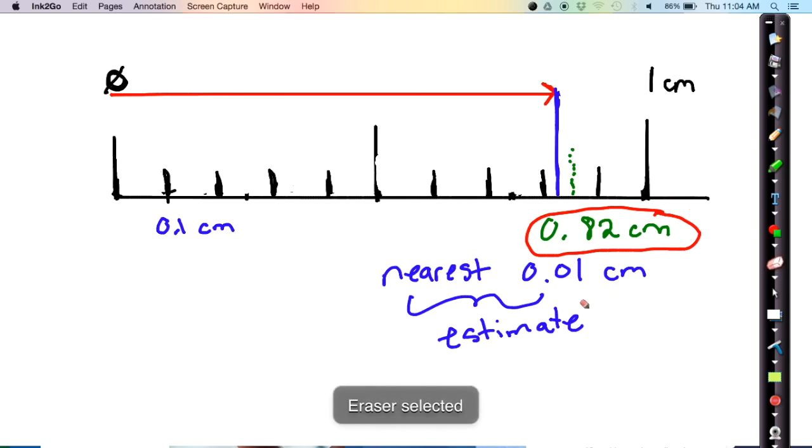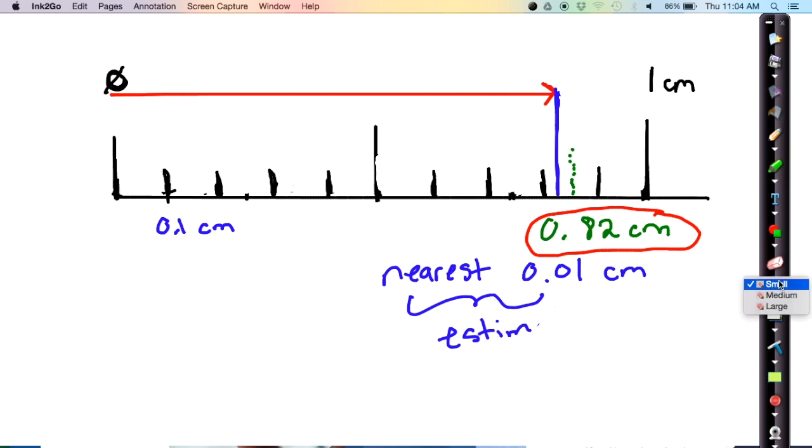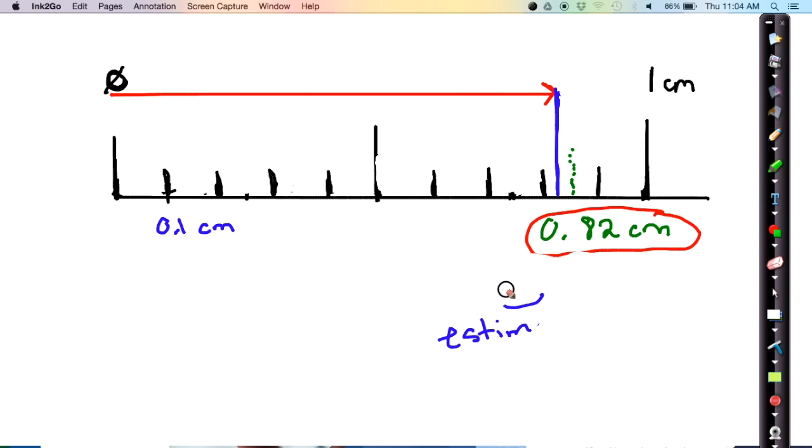Now, we did estimate that hundredths value, the 2 in the 0.82, so we would want to give some sort of indication that that value is an estimated value. It is not a known value. And to do that, we indicate uncertainty in our measurement.